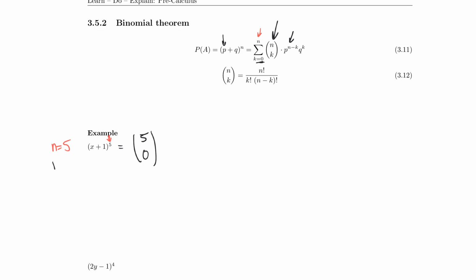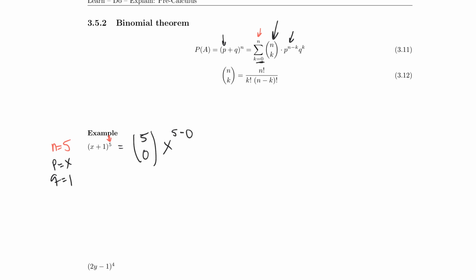In our case, p is equal to x and q is equal to 1. So p to the n minus k. So p is x to the n, which is 5, minus k, which is 0. Okay?